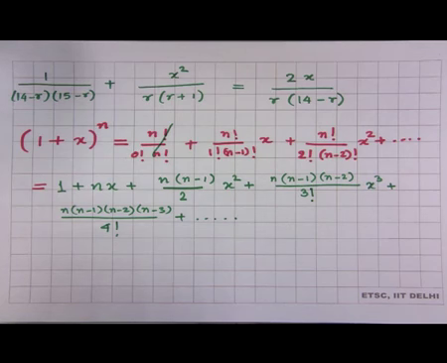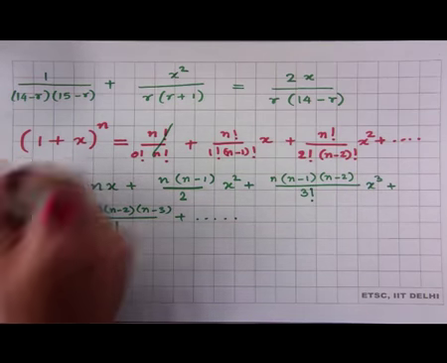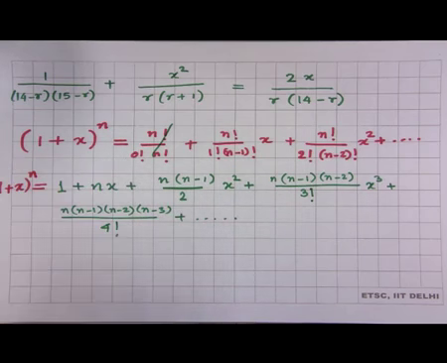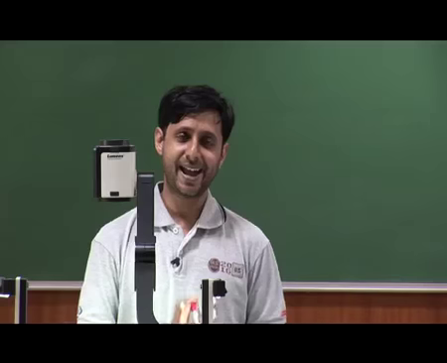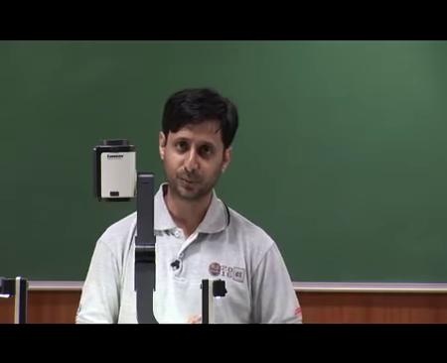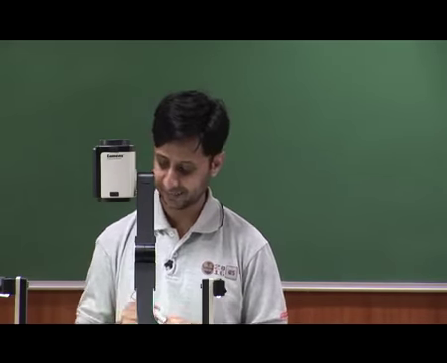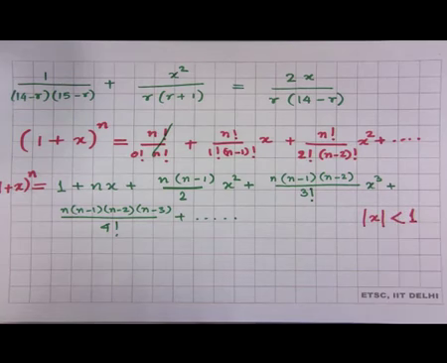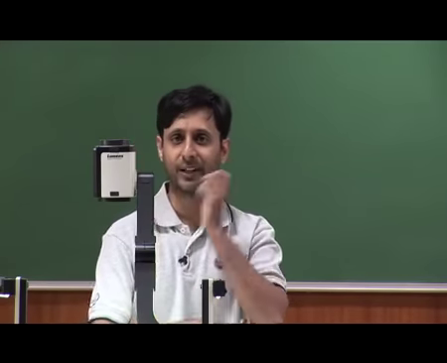Now, it so happens that if you put it in this form, this is 1 plus x whole power n. This form of the binomial theorem is valid even when n is not an integer, as long as you play by one condition: that I keep the magnitude of x less than 1.